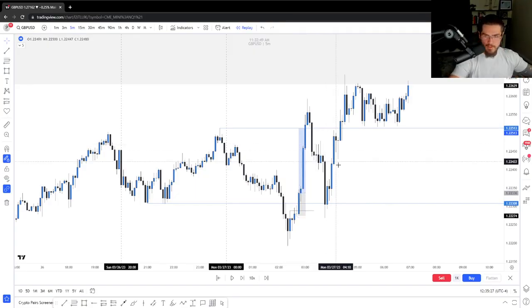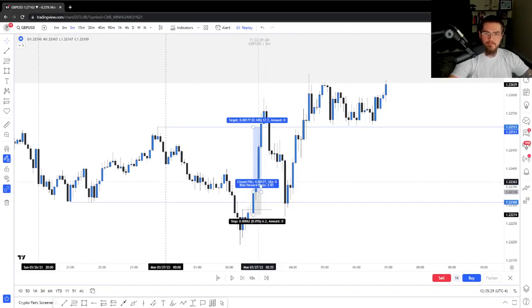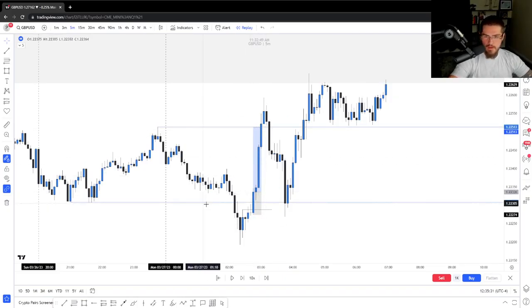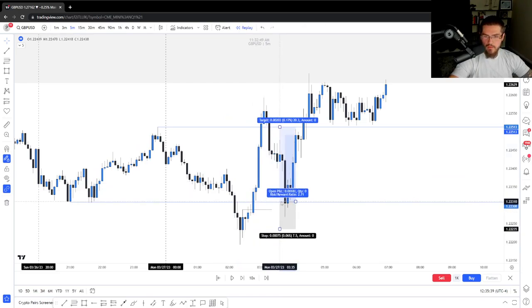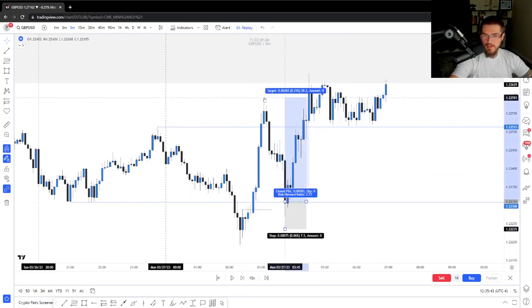So, another way you could have done this, let's say if you did wait for a retracement of this fair value gap, in this example, you would have gotten a pretty good entry right there, and you could have just targeted out either this high, because that's way more than 2 risk to reward. You just target out 2 risk to reward, which would have happened very quickly.